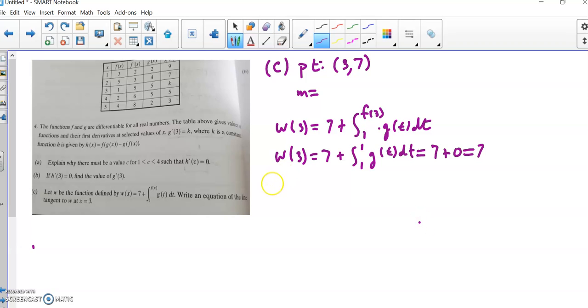Well, to find the slope, I need to take W of x, which equals 7 plus the integral from 1 to f of x of g of t dt. And I need to take the derivative of both sides.